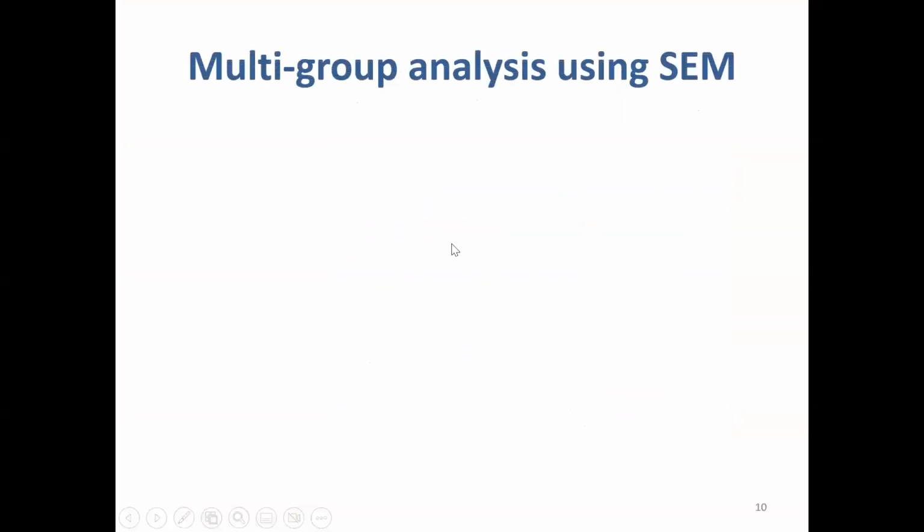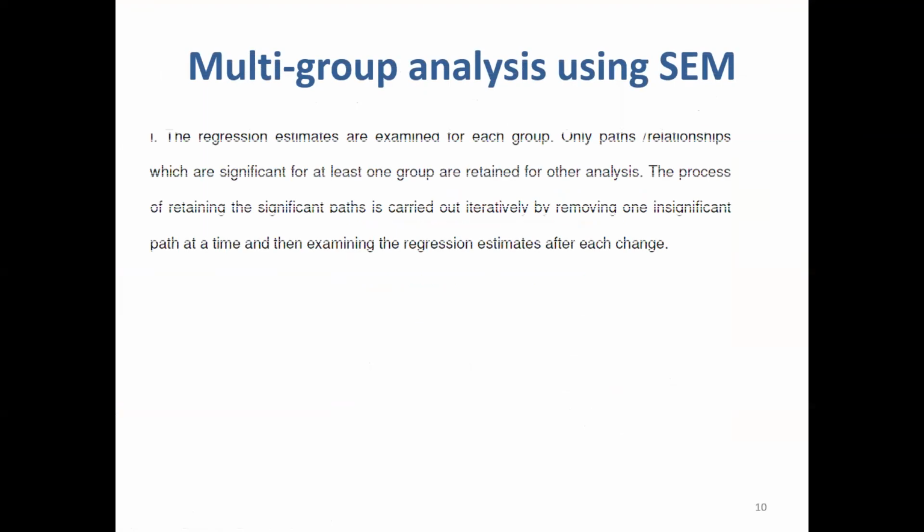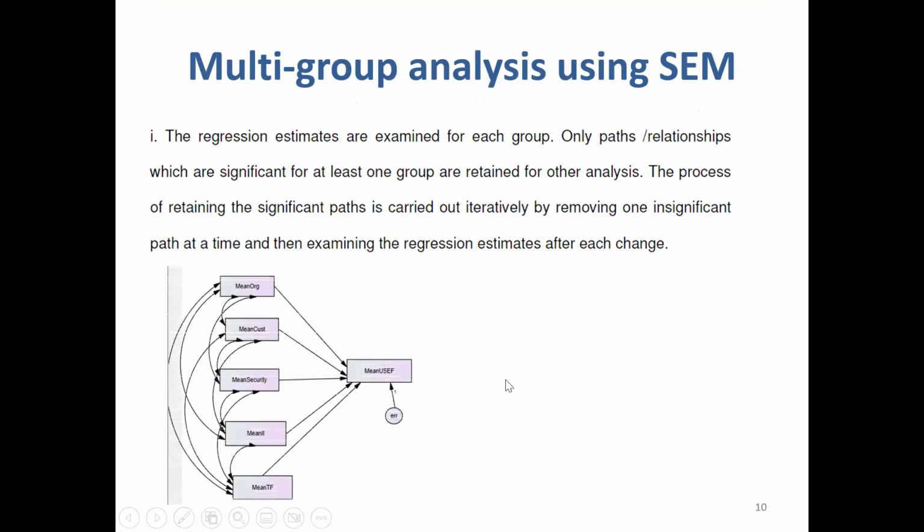It's called a multi-group analysis using SEM. Basically, we run a regression for the paths, and then we try to find out among all the paths, which in our case are 5 X's and 1 Y, where our moderation variable is gender, which of the paths are significant.